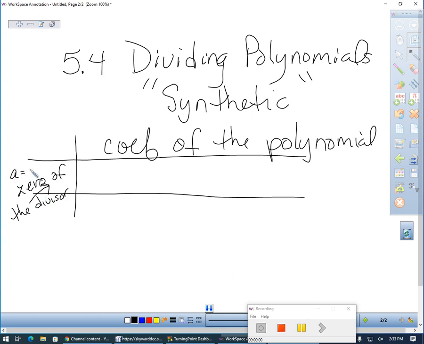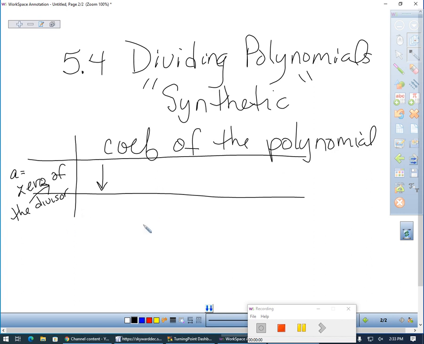For this one, we had x plus 4, so on the outside we'd have a negative 4. It's the zero of the binomial. Now the first number you have written here, you're going to bring straight down.